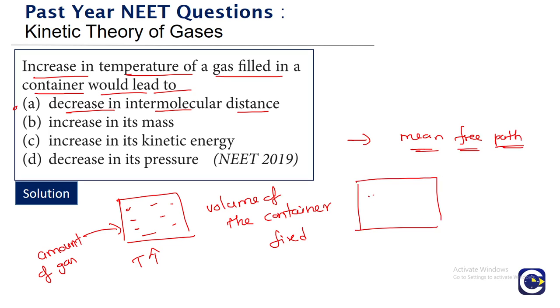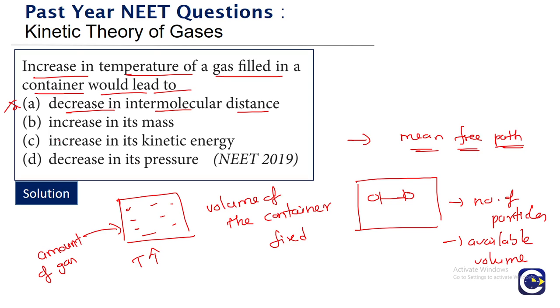If you look at the particles which are separated by some distance, the average value of the separation is what you take as the intermolecular distance. It will depend upon the number of particles and the available volume. Here, neither is changing, so intermolecular distance will not be changing. So option A is not the suitable one.